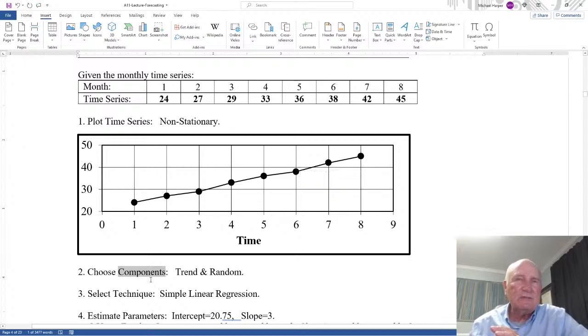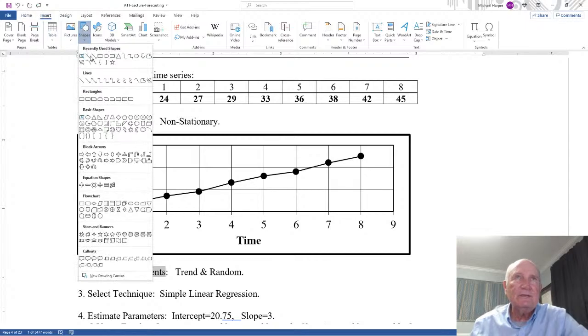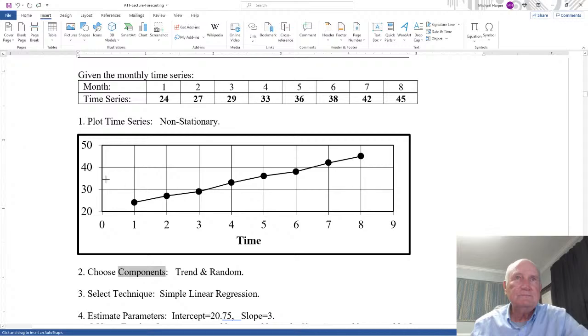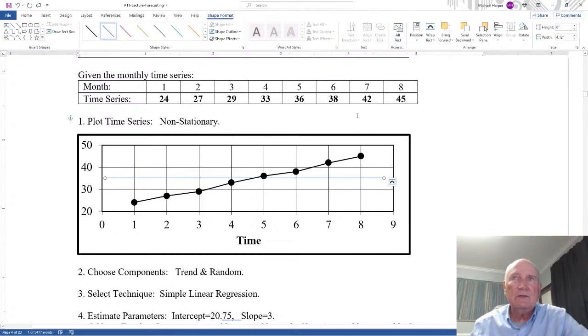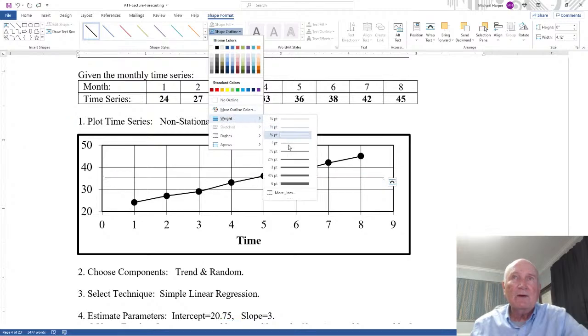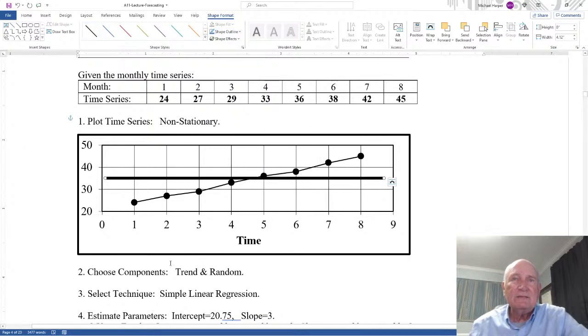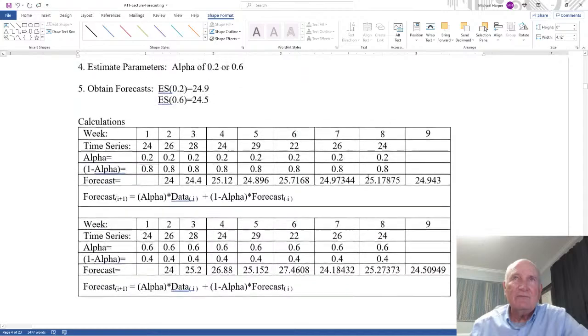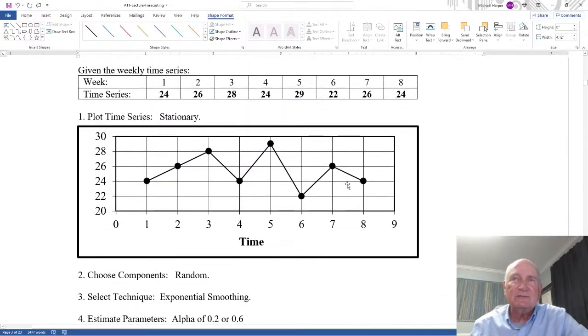Now, a component is a cause of variability. Variability here means variability around some stationary mean. Let's insert a line here. There it is, and let's make it black and a little thicker. In other words, if this is a stationary time series, then there is some average population mean, from statistics.